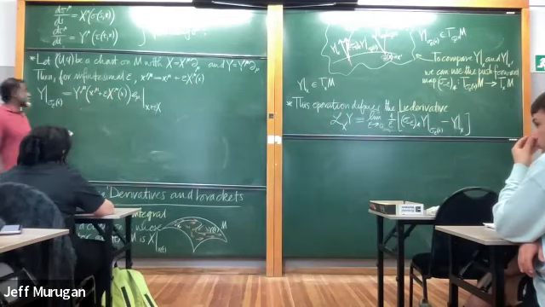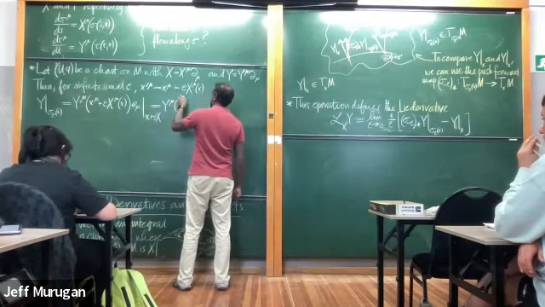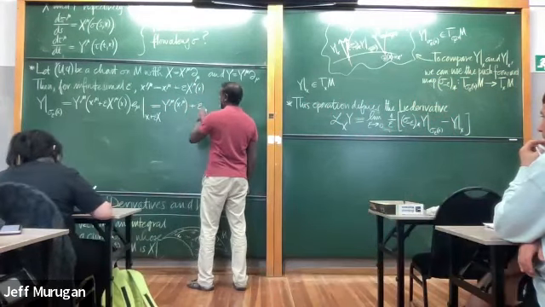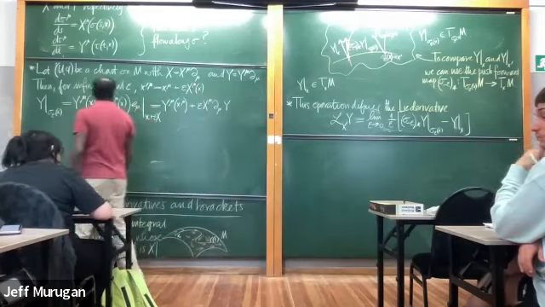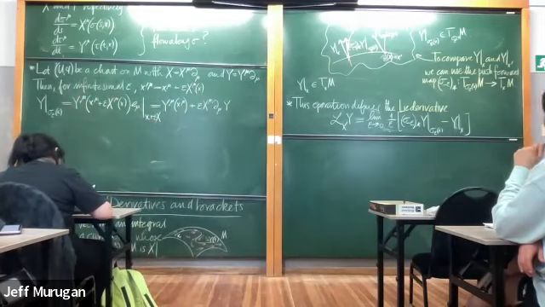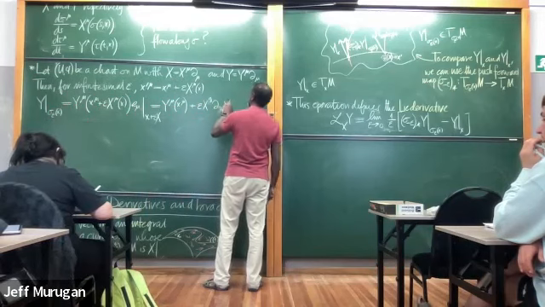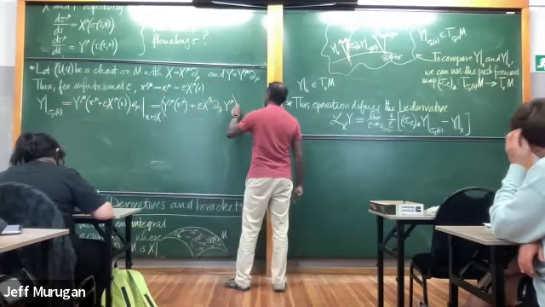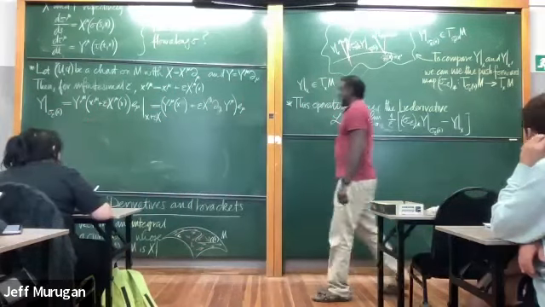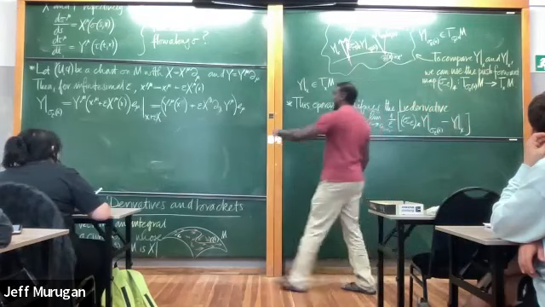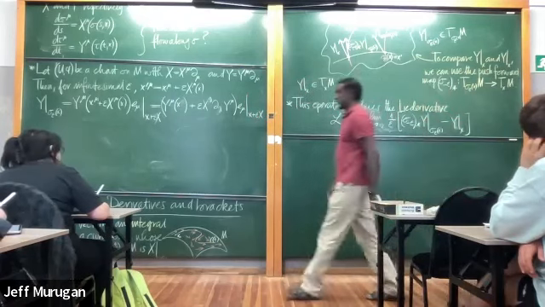So I can Taylor expand this. If I Taylor expand this, I'm going to get y^mu at x^mu plus epsilon x^nu d_nu y^mu, to first order in epsilon.